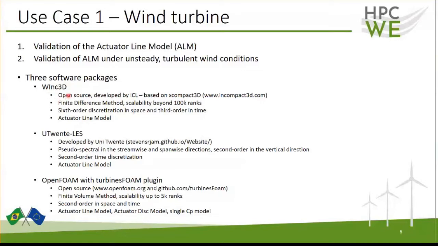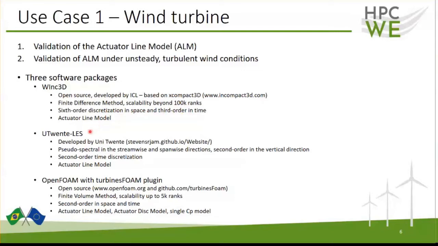The first one is Winc3D. That's an open source code developed by ICL that's based on Xcompact3D. It's a finite difference method that shows a very good scalability beyond 100,000 ranks. It's high order, so 6th order discretization in space and 3rd order in time, and we use then the actuator line model.